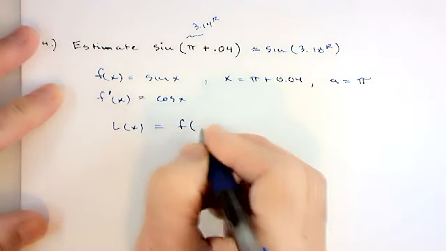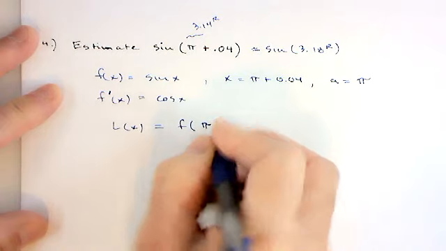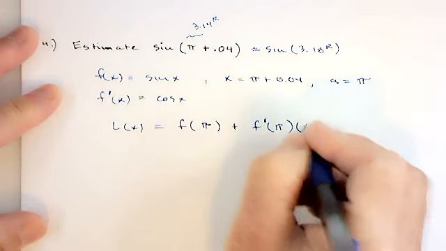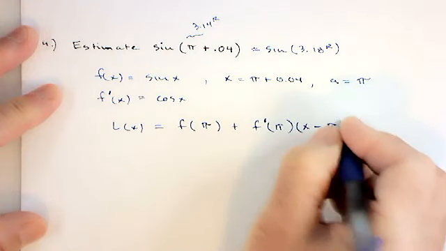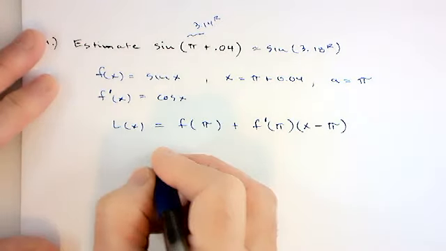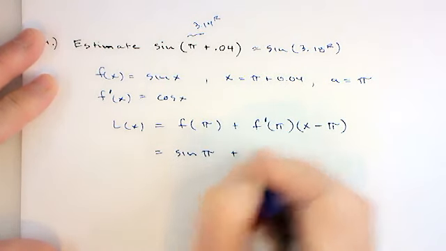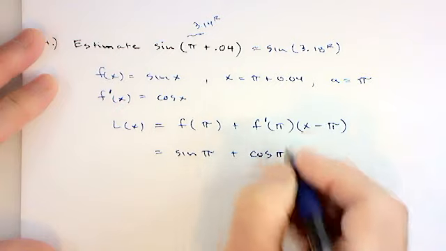So we're going to want f of a, so f of pi plus f prime of pi times x minus a, so x minus pi. I'll just go ahead and write this out. F of pi is sine of pi. F prime is cosine of pi, because that's the derivative.